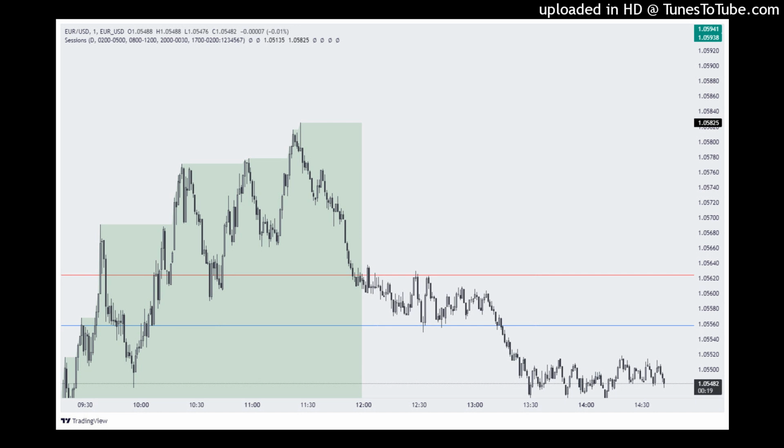So everything after right here, when we sweep this high, we do not create a new fair value gap, suspicious. When we have this fair value gap lower, suspicious, because of all the things that happened before that already. This fair value gap right now does not follow through, suspicious. This one right now is also not following through, not creating a new fair value gap immediately, suspicious.